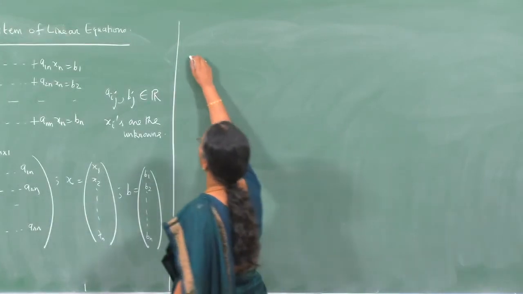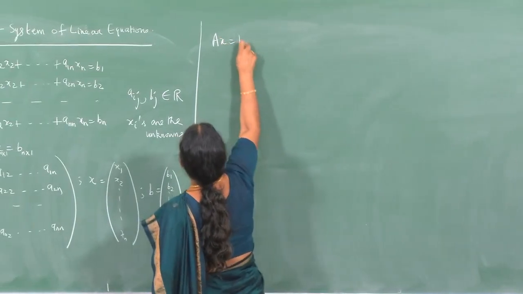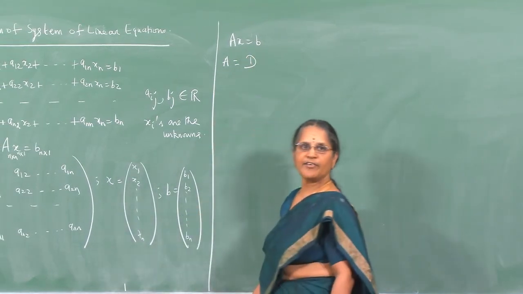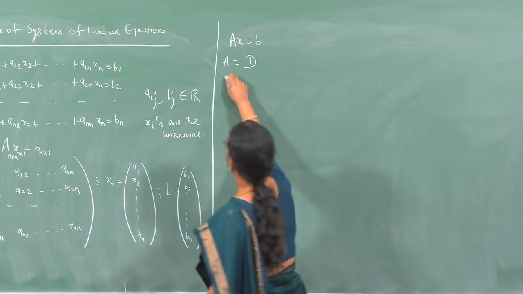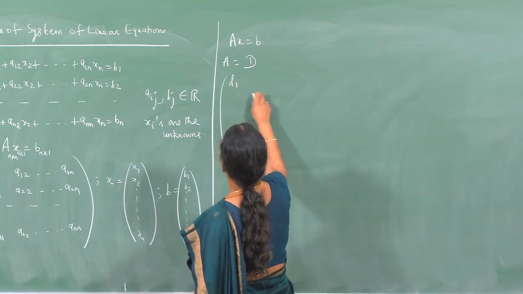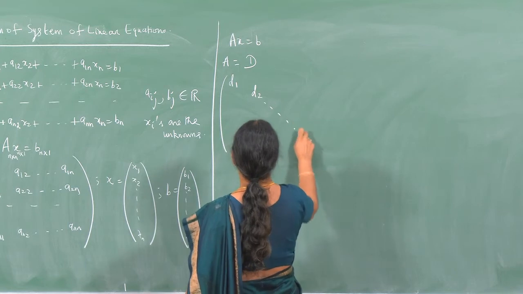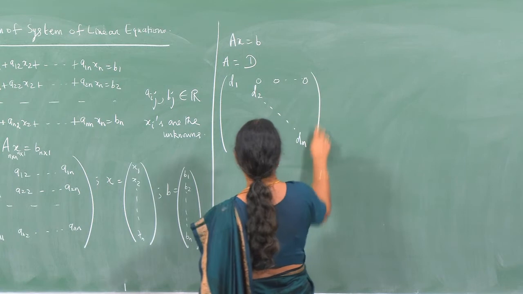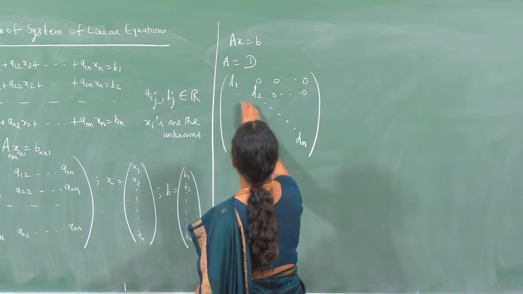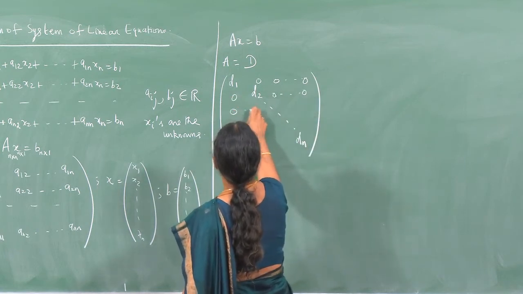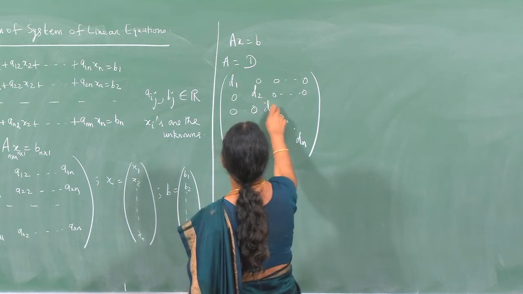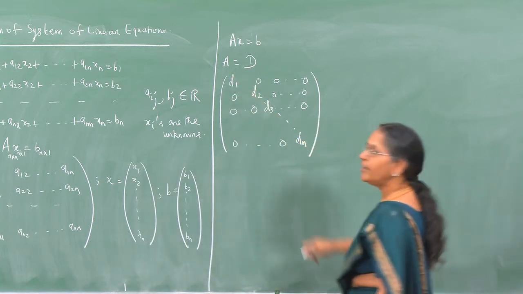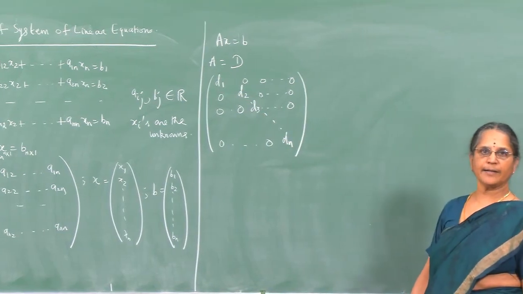Suppose the system of equations Ax is equal to B is such that A is a diagonal matrix, namely A has elements d1, d2 etc. dn along the diagonal, and the rest of the entries in the matrix are all zeros. So, A has entries only along the diagonal.